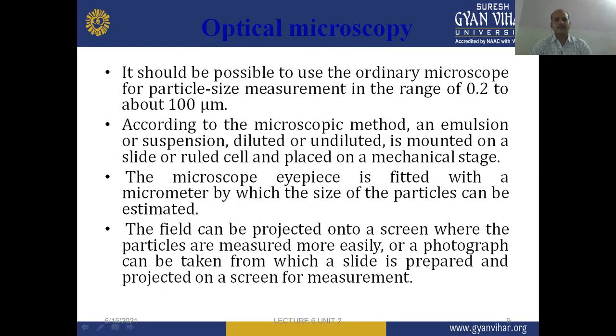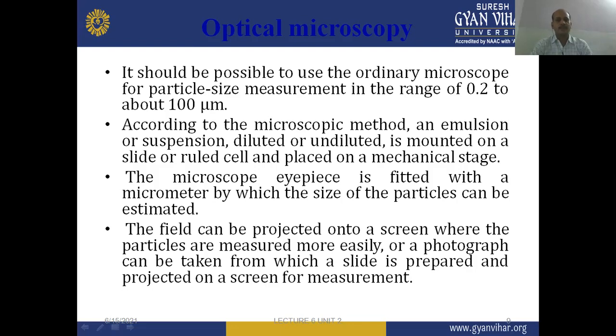According to the microscopic method, emulsion or suspension, diluted or in undiluted condition, is mounted on the slide or a rule set and placed on the mechanical stage or platform of the microscope. The microscope eyepiece is fitted with a micrometer by which the size of the particles can be directly estimated.